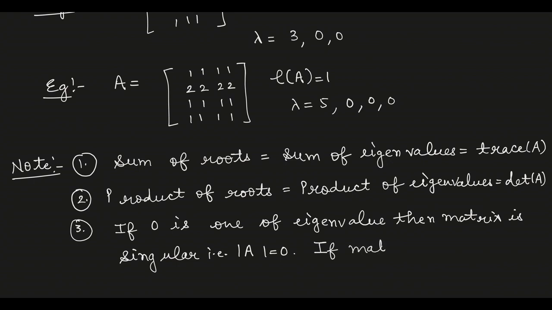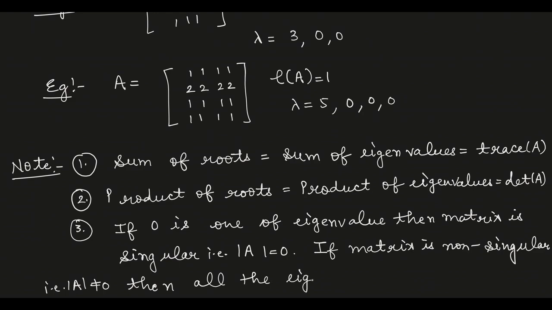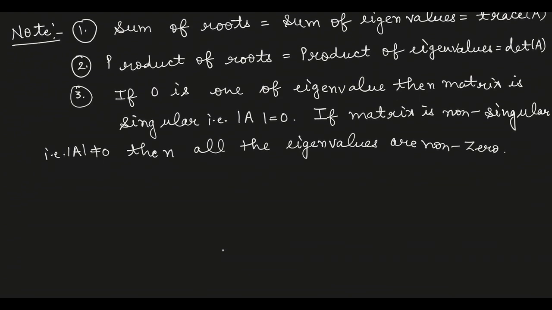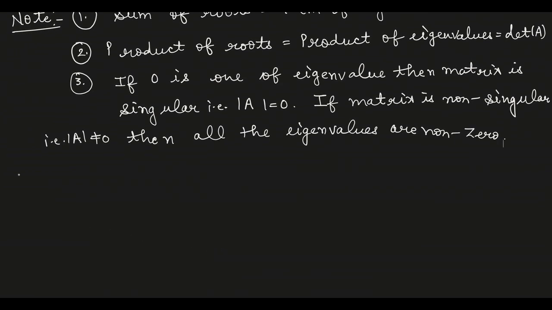If the matrix is non-singular, non-singular means determinant is non-zero, then all the eigenvalues are non-zero. Let us discuss some more examples.